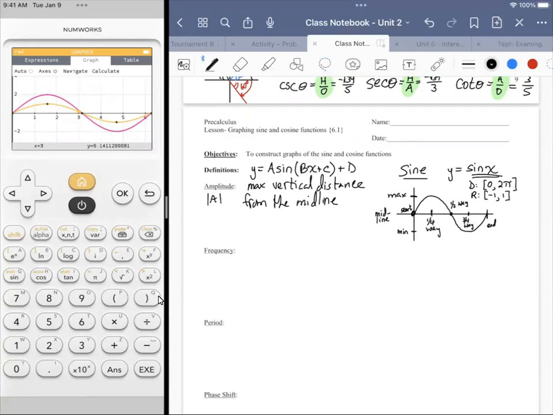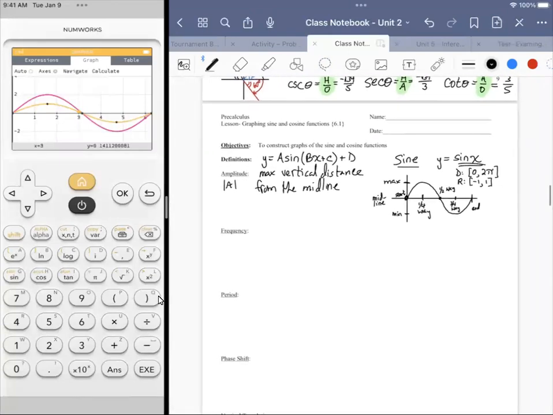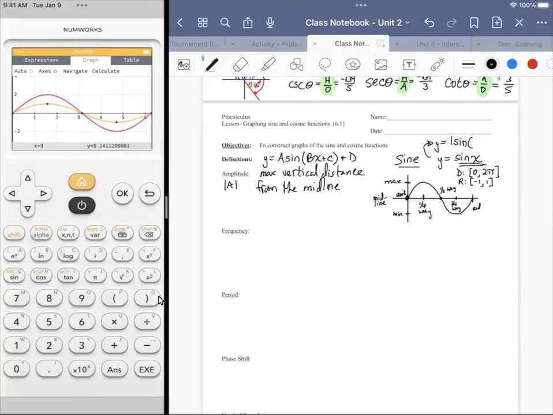For an ordinary sine function, this could also be written as y equals 1 sine 1x plus 0 plus 0. So if I'm fitting that equation to this form, the a value must be a 1. So that means that the maximum would be 1 unit away from the midline.